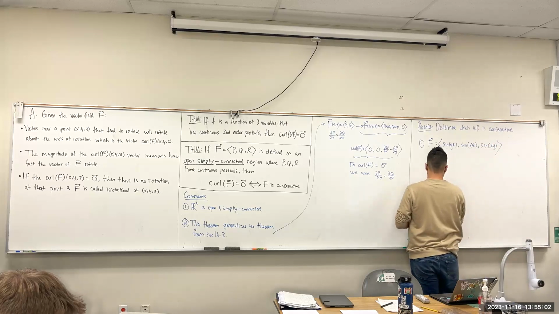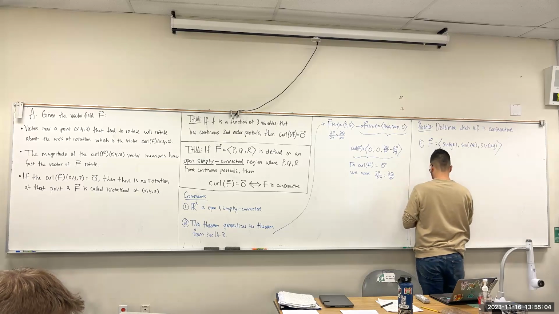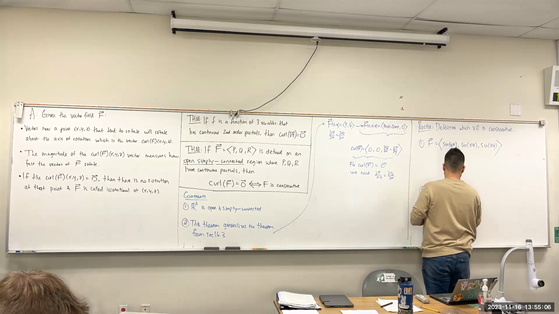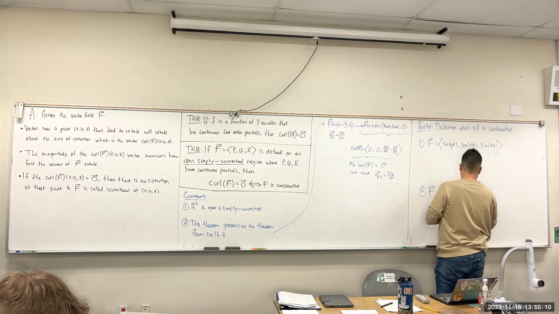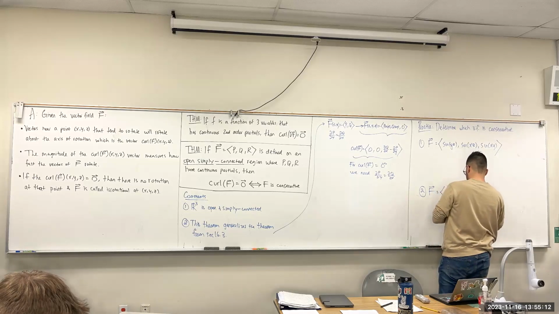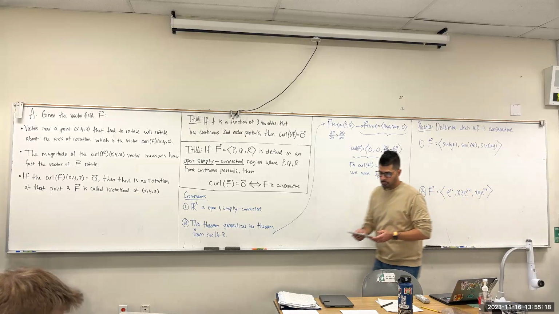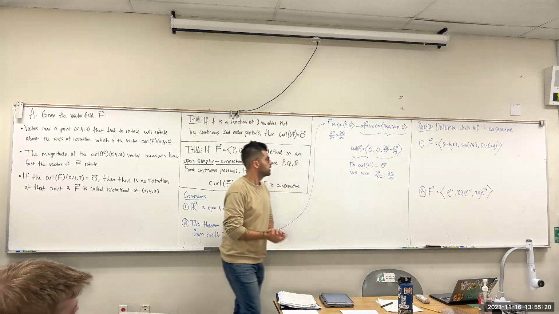And then the second vector field is e to the yz, xz e to the yz, and then xy e to the yz. Practice that real quick.